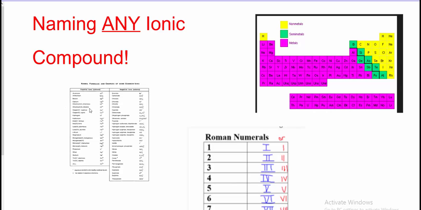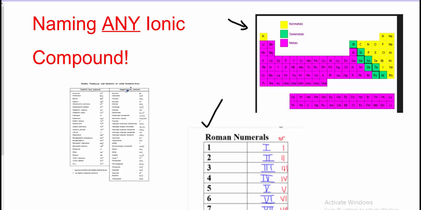So here we've got a couple of things on this front page that we need to remember to use. Our periodic table, of course, first in just determining that we have an ionic compound. That's always your first step. Secondly, looking up whether or not the metal involved, if there is a metal as your cation, is a multivalent metal, and if so, remembering to use your Roman numerals chart.